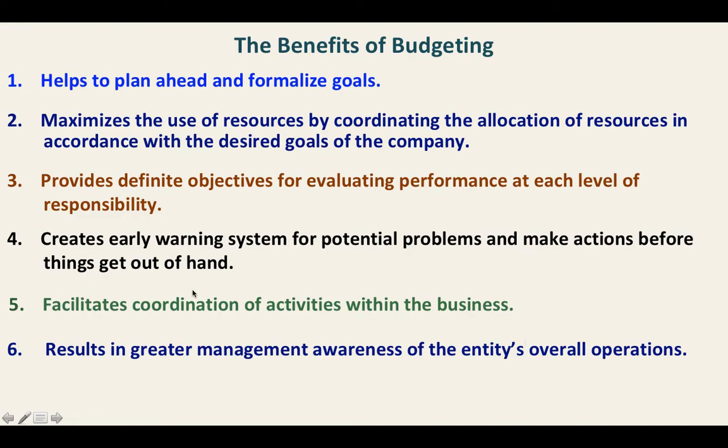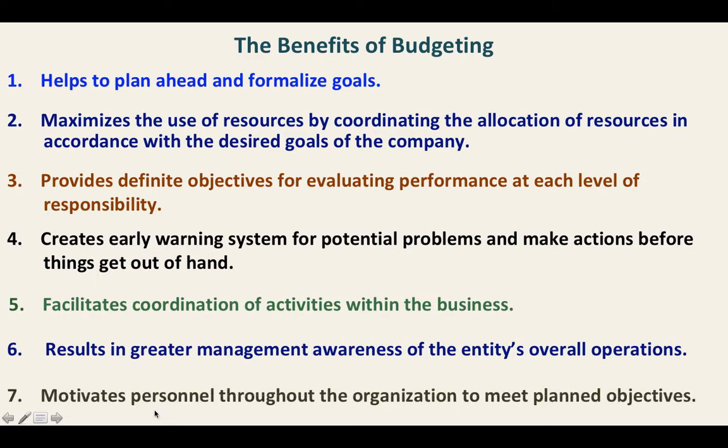If the company has a budget, a particular department will be aware of how things are going, so there will be awareness in each department. And lastly, it motivates personnel throughout the organization to meet planned objectives.